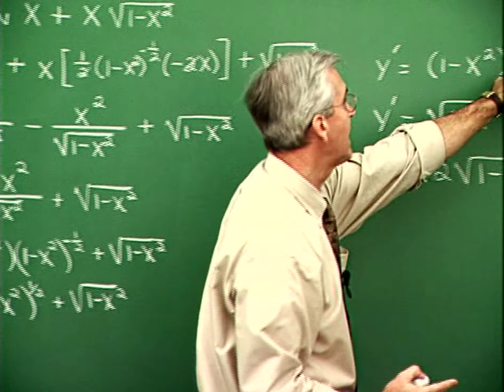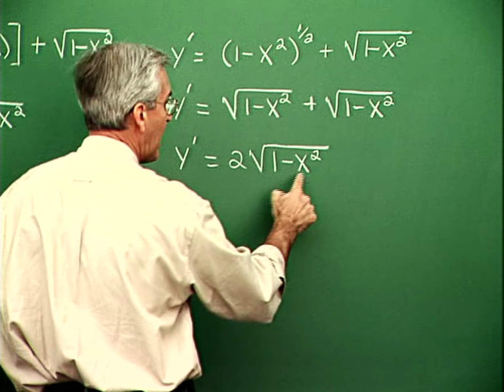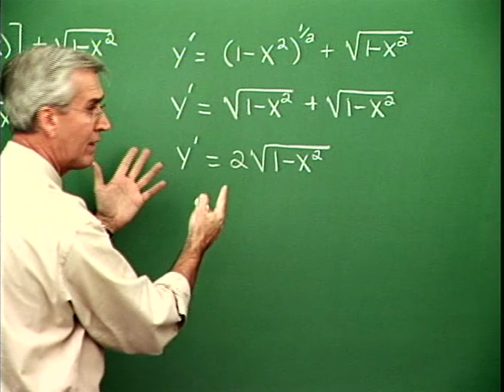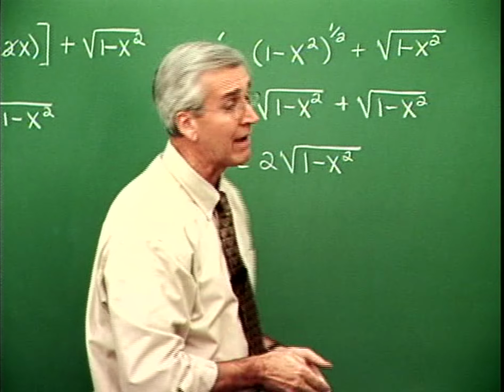All right, let's continue with it. Now this means the square root of this expression, but look at what we have here. Oh, these are alike. So we have two of these things. We're just adding radicals, and they have the same radicand. So we have 2 the square root of 1 minus x squared. A much simpler kind of expression for this derivative than we first may have thought possible.